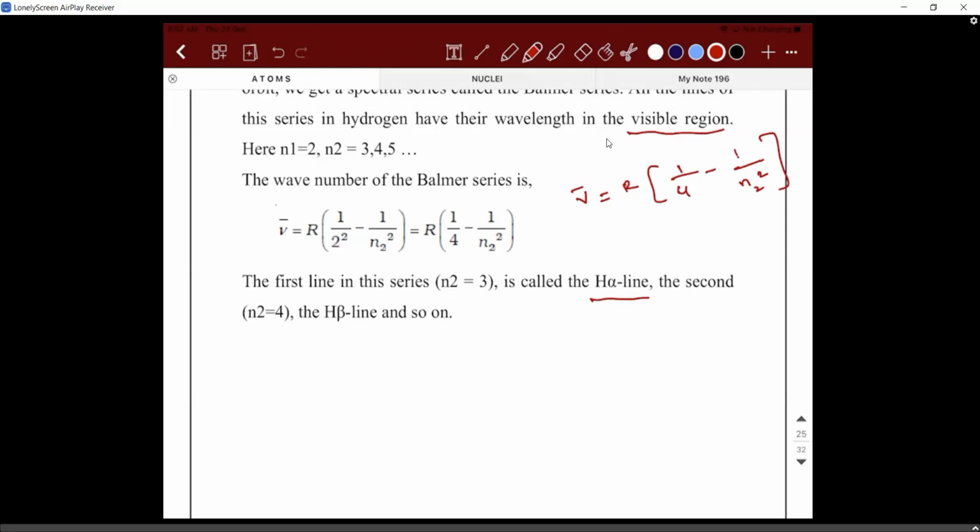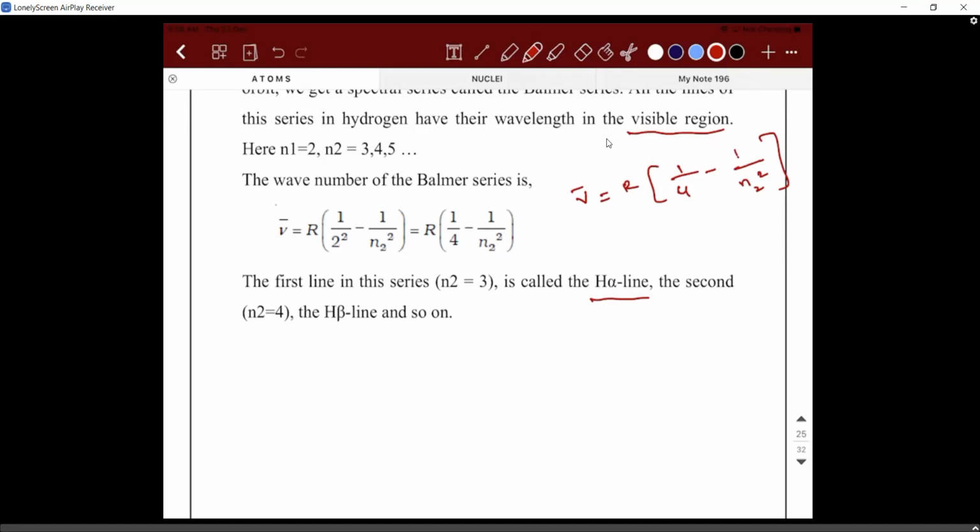So what do you mean by first spectral line? One logic is clear, right? For Balmer series, what would be the lowermost orbit at which the electron could stop? Two. So what is the least transition that can take place? The electron can jump from third to second, right? So if an electron jumps from third to second, we call it the first spectral line, and technically the name of that spectral line is H alpha line in the Balmer series.